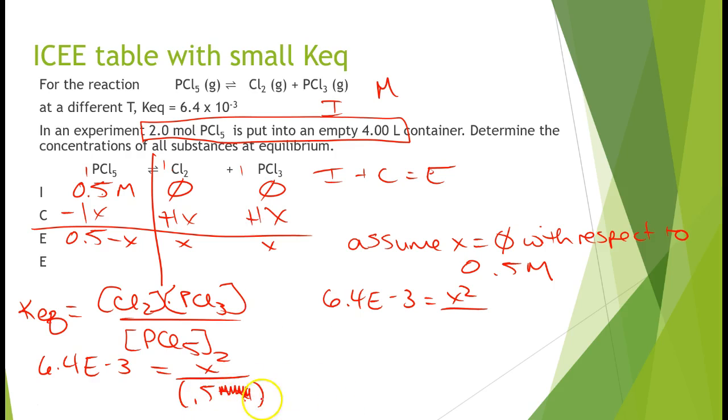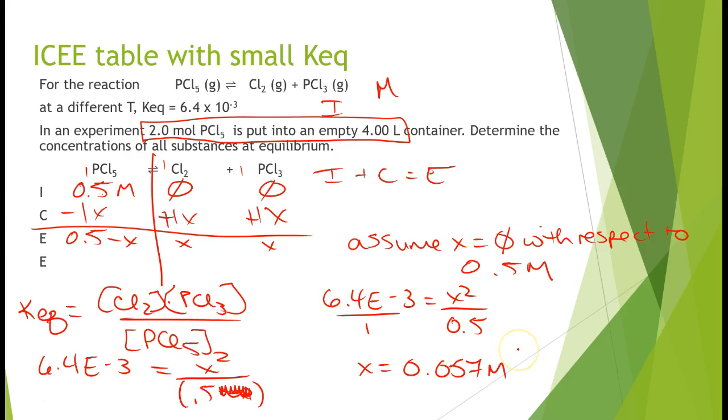When I subtract it, it's not going to make a difference, so why have it in there? So it turns it into 0.5. All you have to do is cross multiply and take a square root.